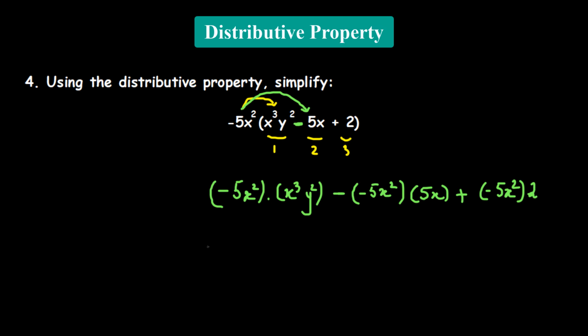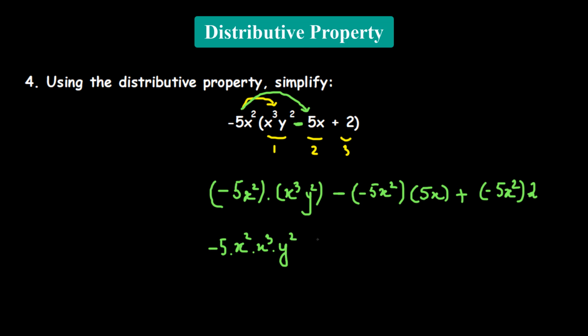So that's going to give us, so we further simplify this, we're going to separate all the like terms, separate in the sense we're going to write all the like terms together. So here we have only a number which is negative 5, so let's write it in the beginning, followed by x squared times x cubed and multiply to y squared.